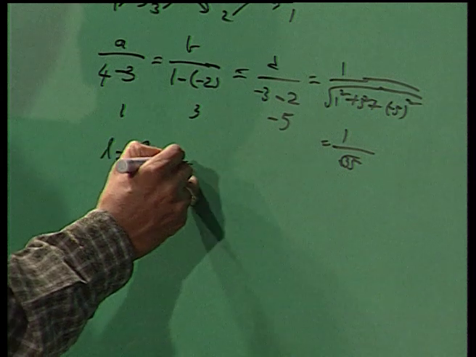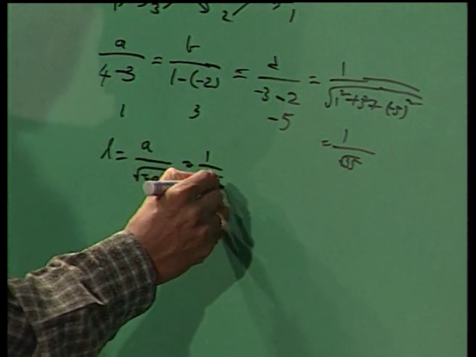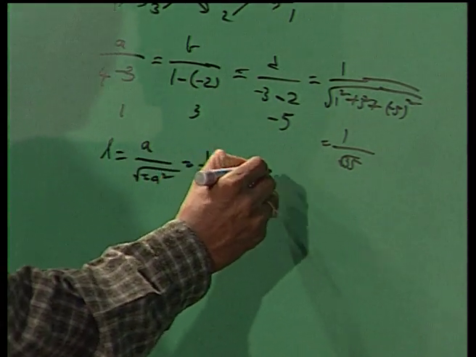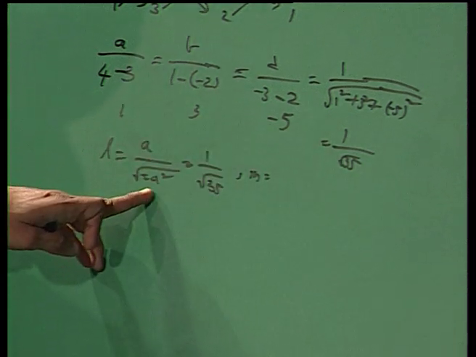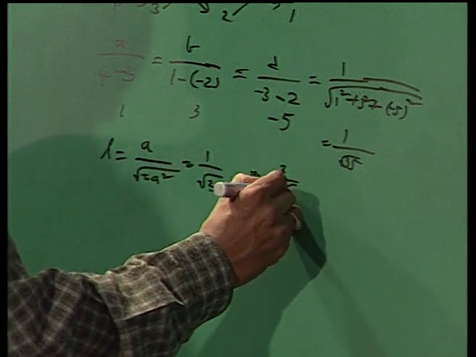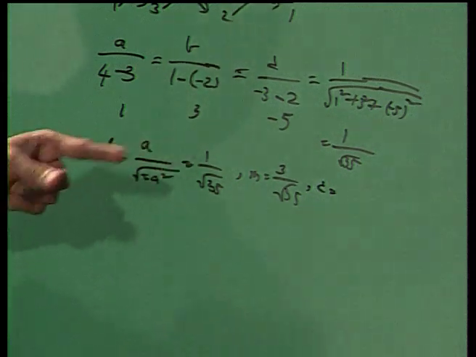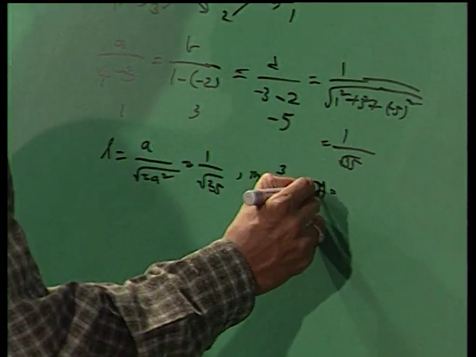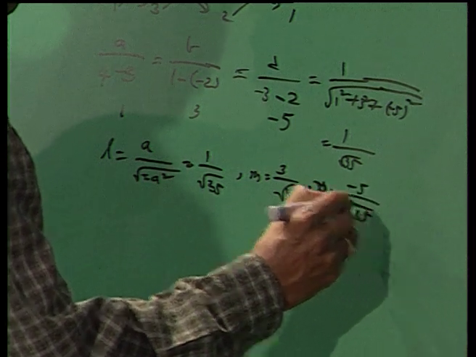So, it is 1 by root 35, and m is B by square root of sigma A square, that is 3 by root 35, and n is equal to C, that is minus 5 by root 35.